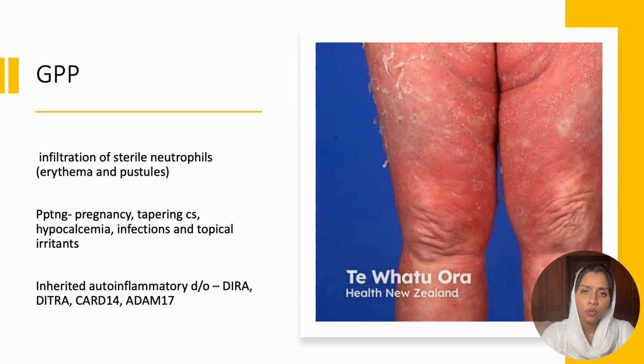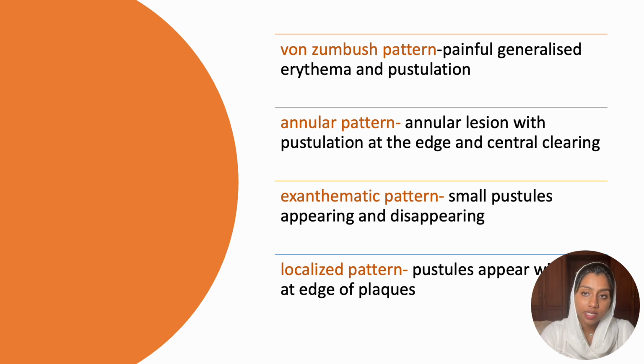And then for postgraduates, there might be a differential diagnosis of autoinflammatory syndromes, where there is a CARD14 mutation, DIRA mutation, DITRA mutation, etc. Coming to the different types of generalized pustular psoriasis, you have the von Zumbusch type, where you have painful generalized pustules and erythema, as you saw in the previous picture.